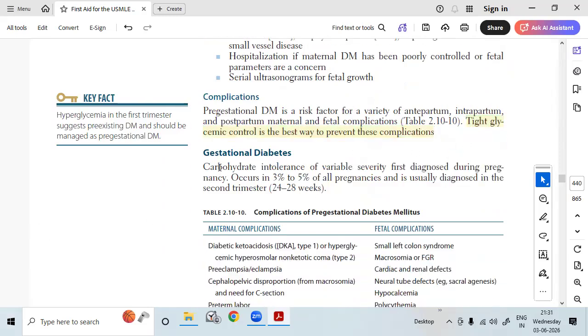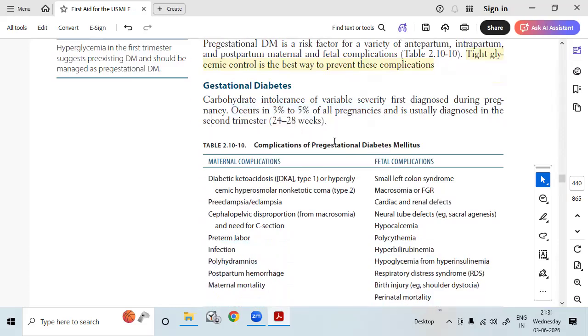Gestational diabetes is carbohydrate intolerance of variable severity first diagnosed during pregnancy, occurring in 3% to 5% of all pregnancies, and is usually diagnosed in the second trimester. Maternal complications of pregestational diabetes, this is important.